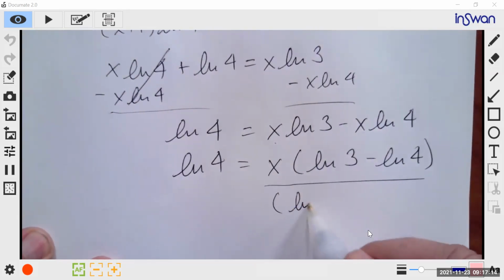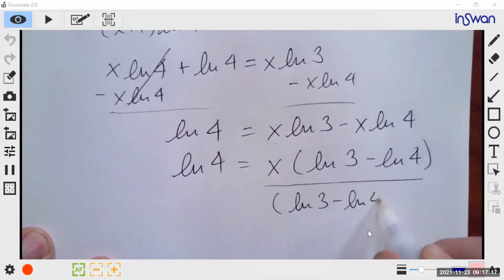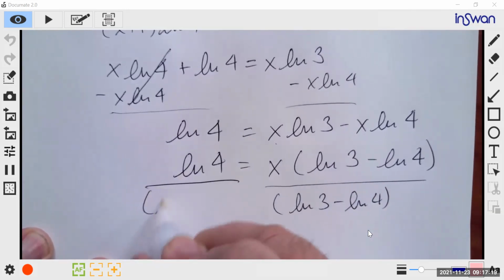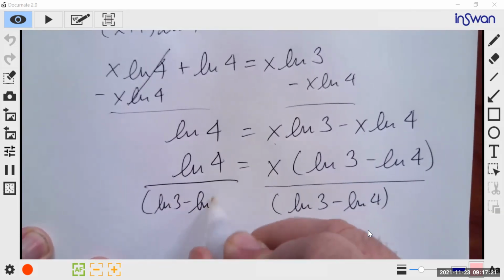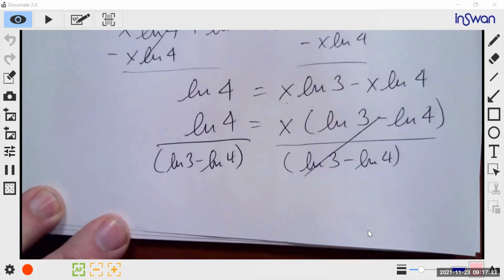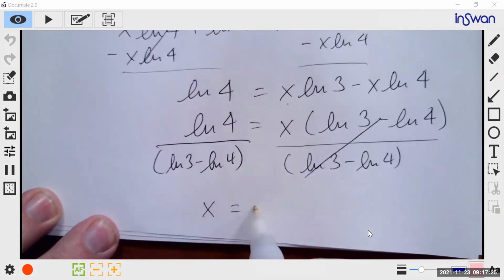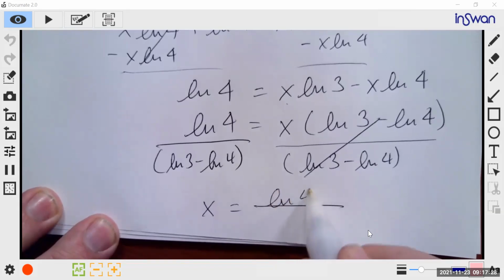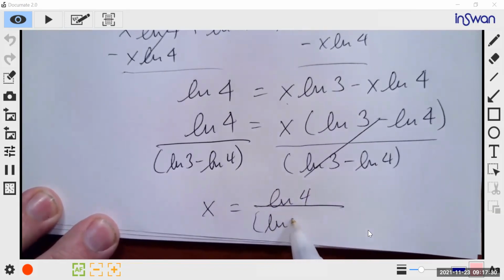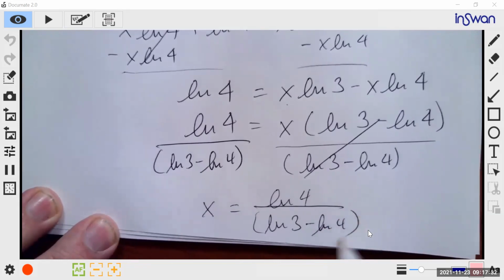And divide by ln 3 minus ln 4, both sides. And there's your final answer.